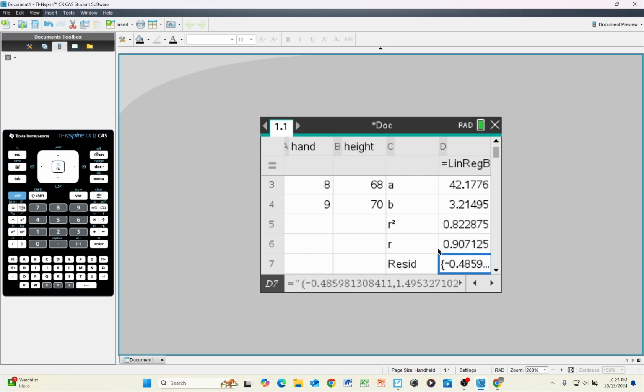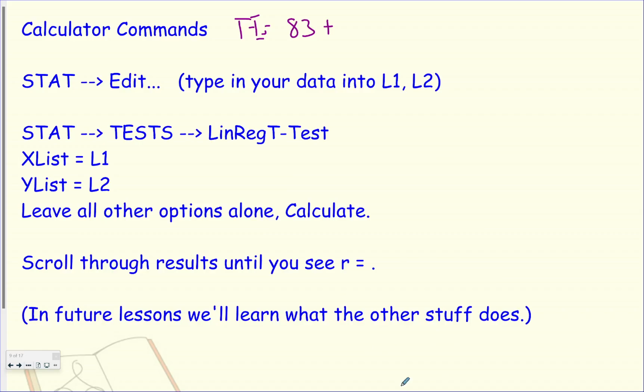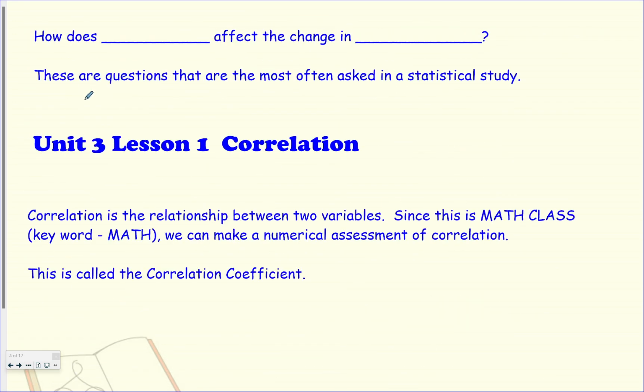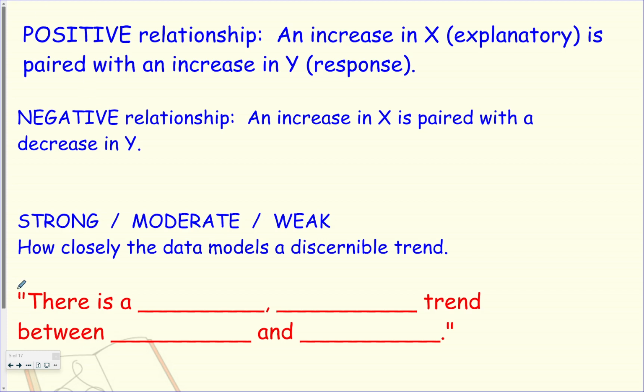Well, let's go back to our notes and take a look here. If we go back to this page, you're going to see in red a can statement. This can statement is really what we use to describe trend. From this point forward, we see a lot of statements like this, where it's less about you synthesizing a response and more about fitting a response to the data that you have.